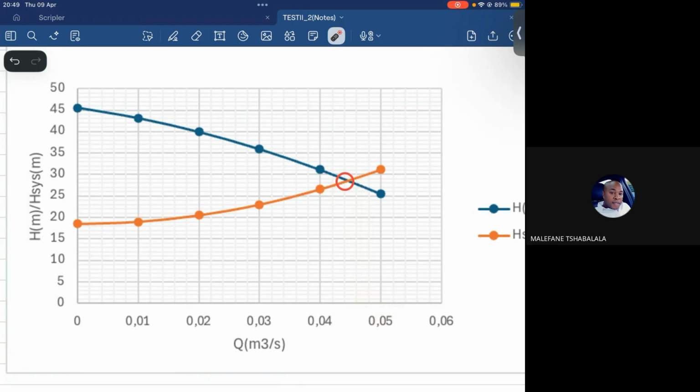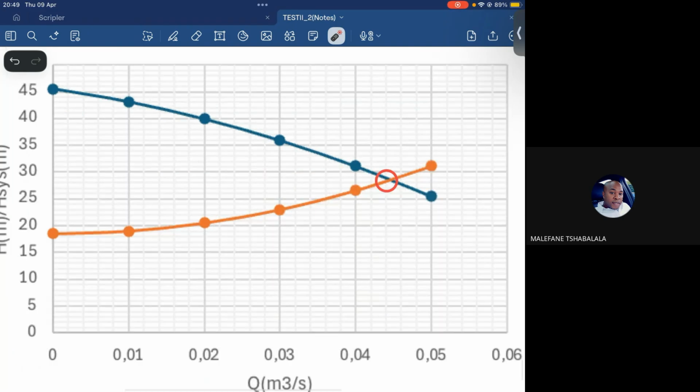And then the height will be somewhere, this is 25, and then this will be 26, actually, 27, 28. This is 25, 28. Yeah, this is somewhere 28.5, because this will be 29.